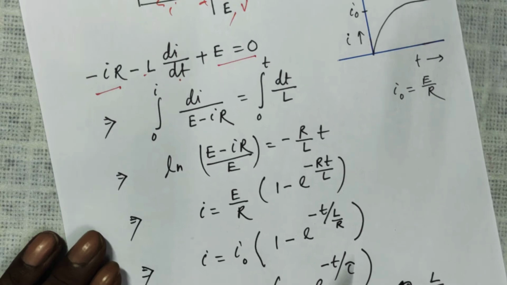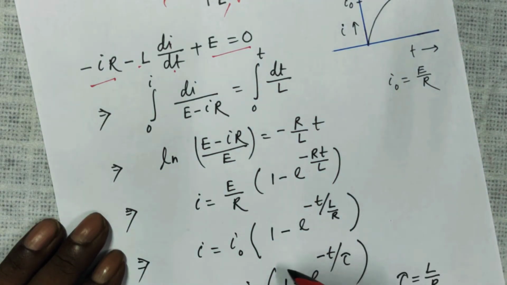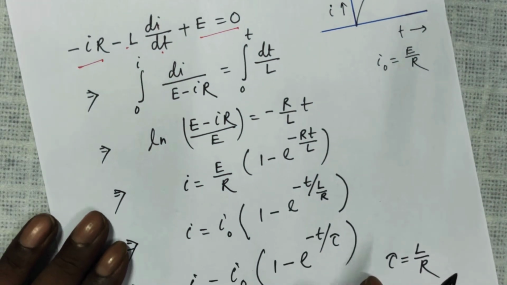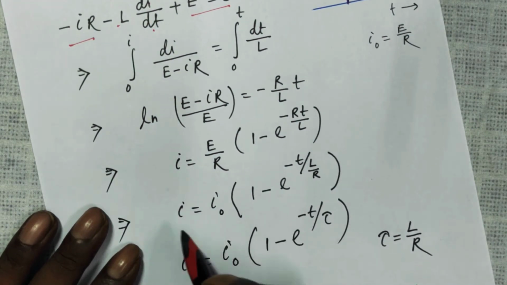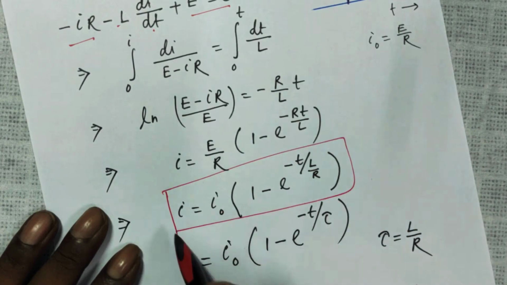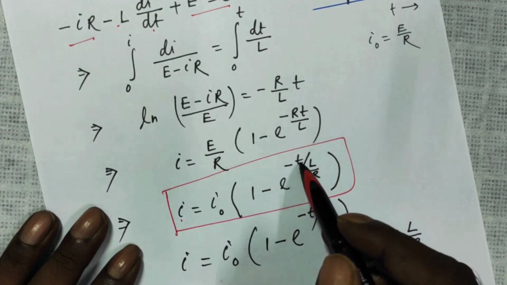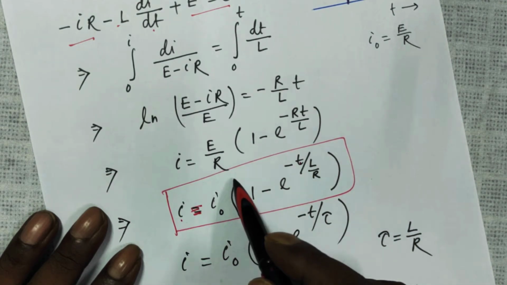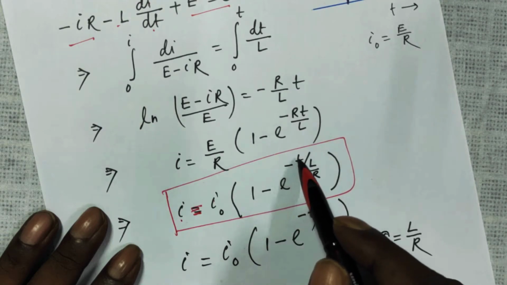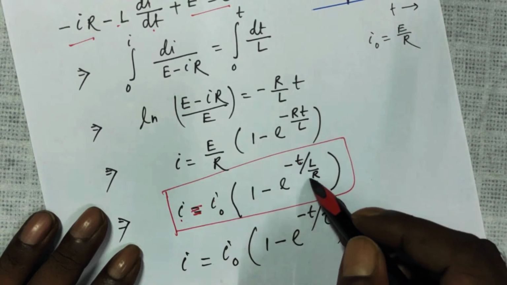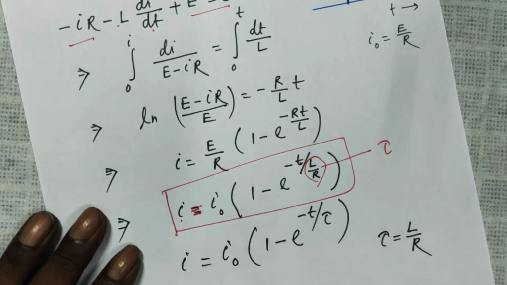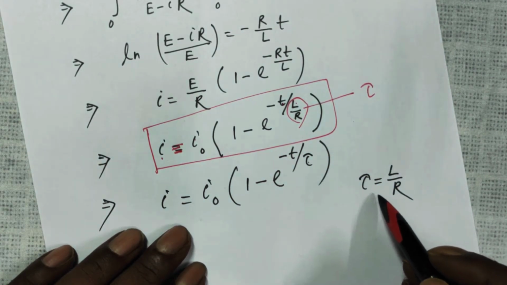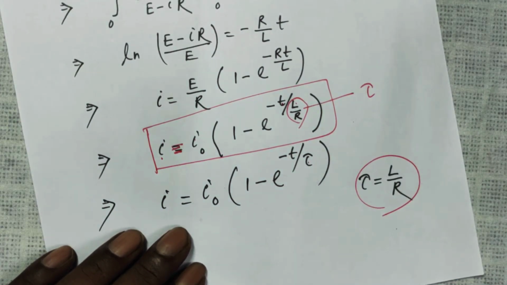In previous lessons I had explained this, so I am not going into detail. By solving this, the current was derived like this: the current I at any time t was equal to the maximum current into 1 minus e to the power minus t over L by R. This L by R was called the time constant, tau.